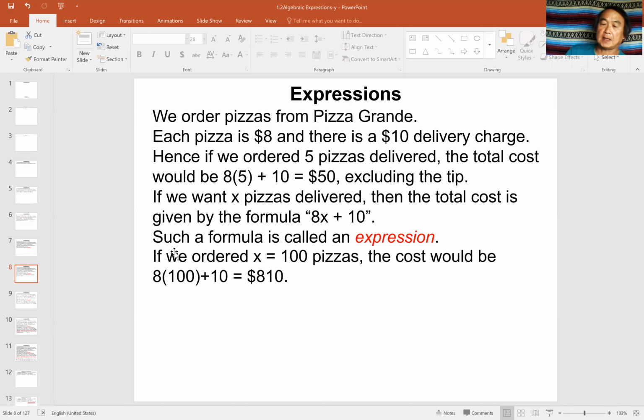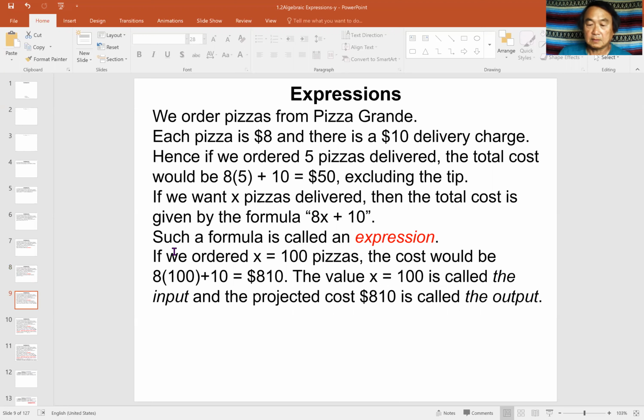And what do you use it for? You want to produce output, calculate what you expect. So if I want to order 100 pizza, I type it into my online order form, you push enter, and out pops the cost: $800 plus $10, total $810 for the 100 pizza delivered to your door.